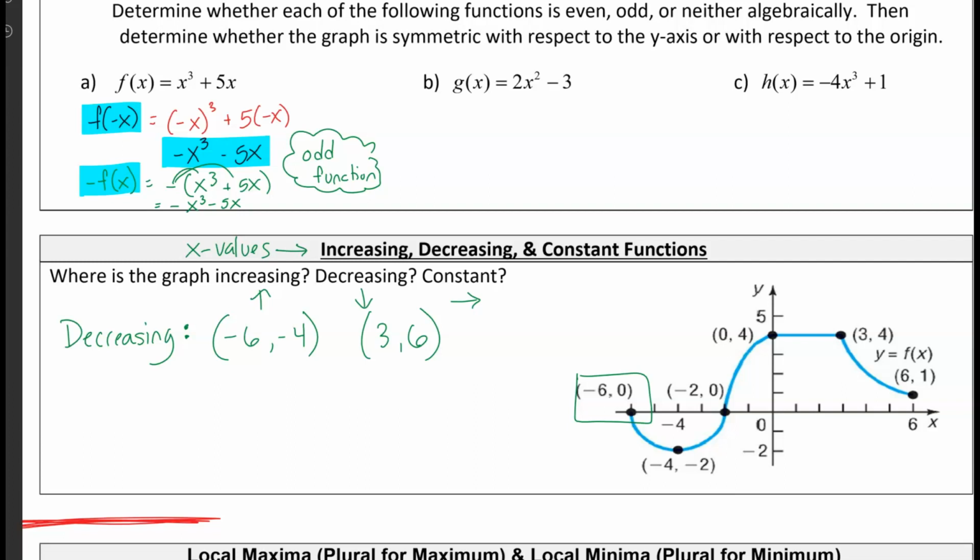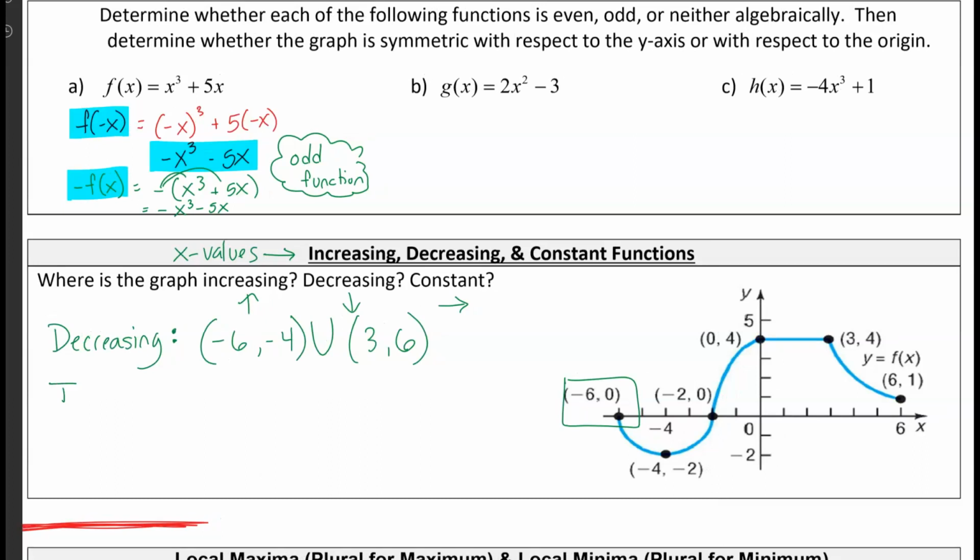How many intervals do I have? What goes between intervals? A U. Now on Math Excel, I believe they're being lazy. They don't want you to write the U. They just want you to put the intervals with a comma between. Side note.